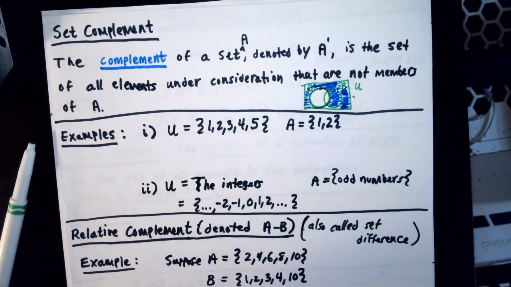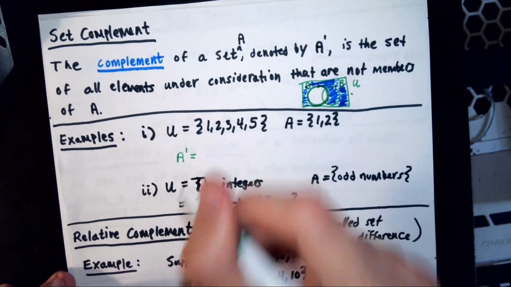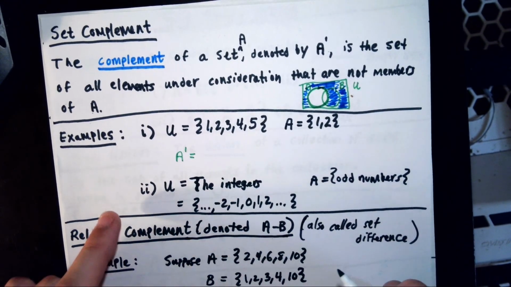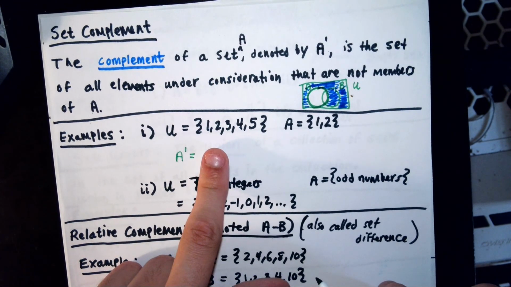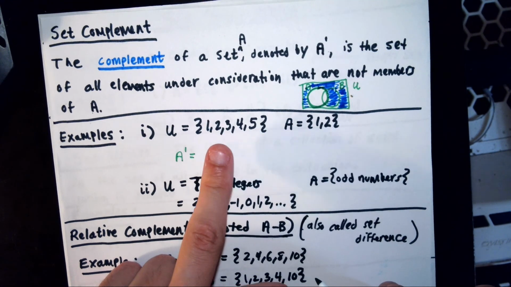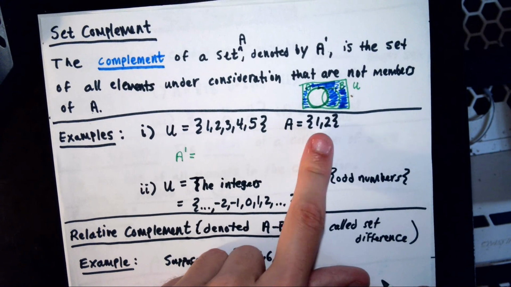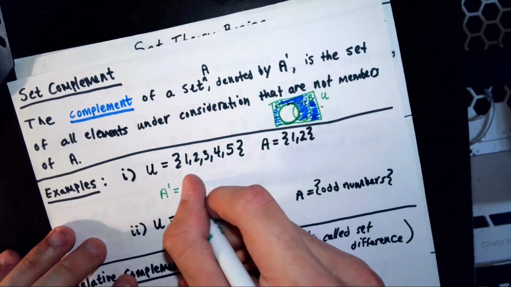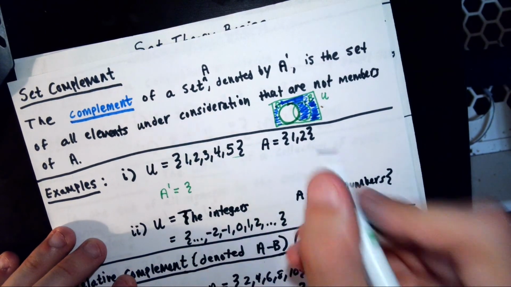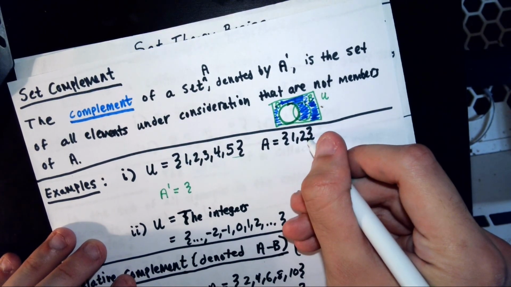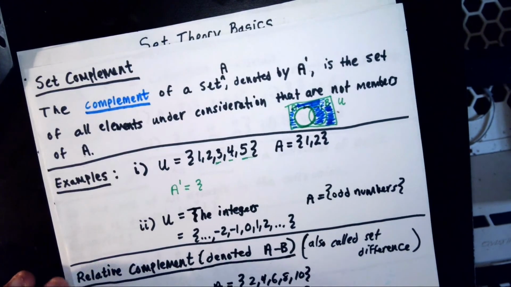Well, A complement is the set of all elements under consideration that are not members of A. So let's see, we've got 1, 2, 3, 4, 5, and 1 and 2 are in A, right? So we only write the ones from the universe that are not a part of A. We aren't going to write 1 and we aren't going to write 2, but we're going to write everything else in the universal set.